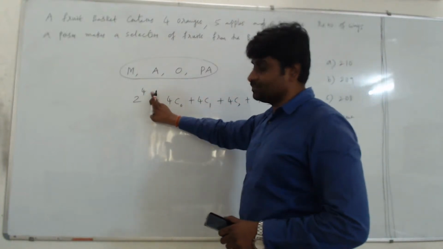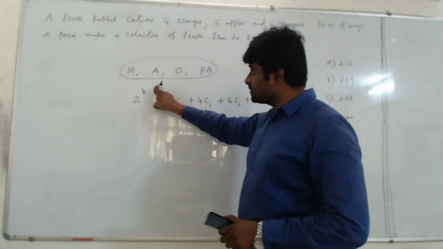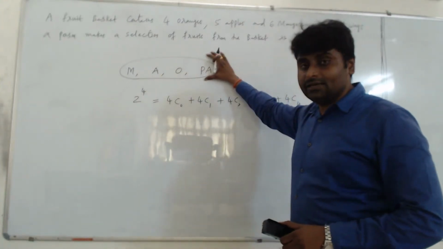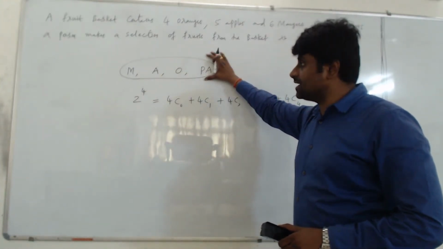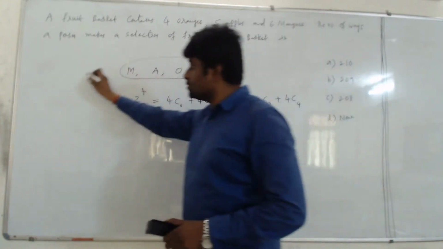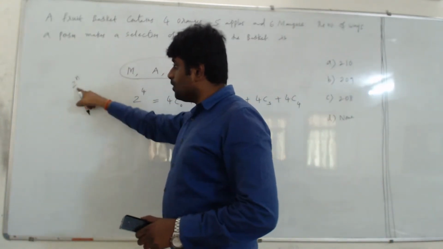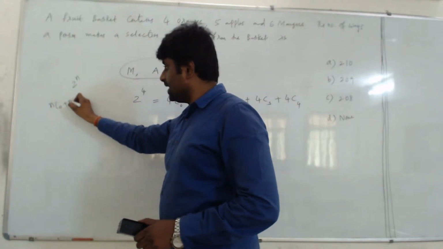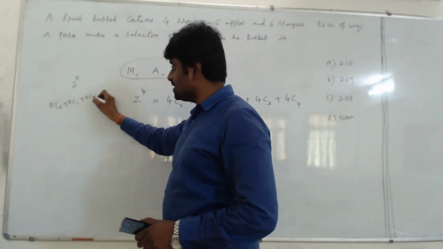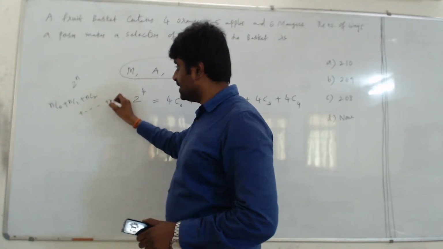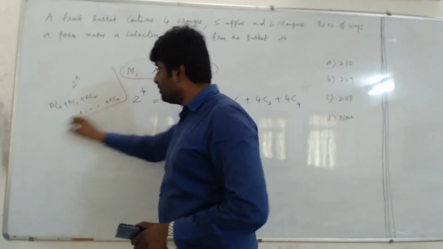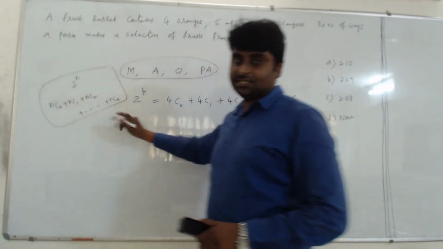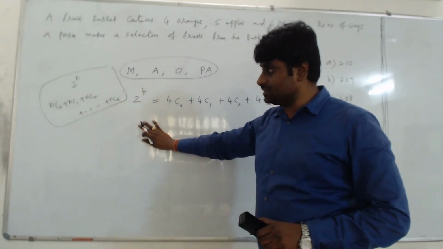It is 2 power 4. That means when we have n different things, the number of selections made is 2 power n. 2 power n means nC0 plus nC1 plus nC2 and so on up to nCn. So this is the formula for the number of selections of n things.